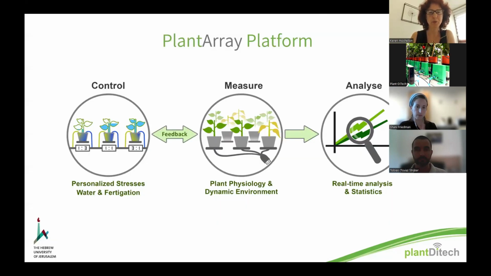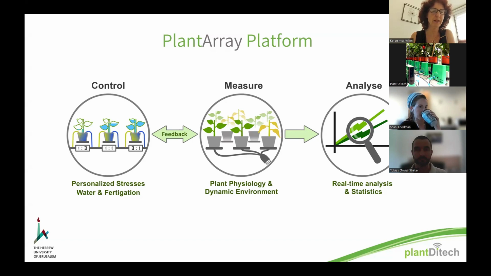First we are controlling the soil and water conditions. We can control each and every plant differently, with a feedback loop with the measurements.